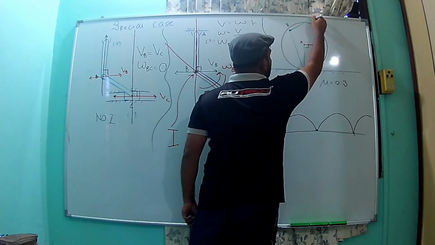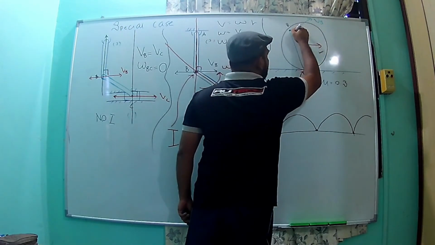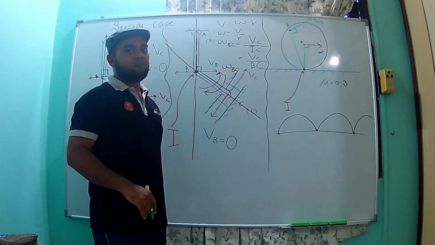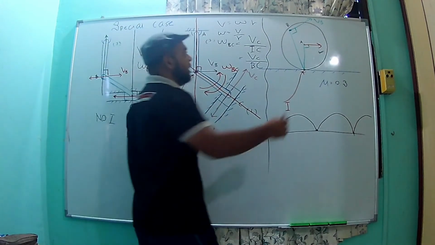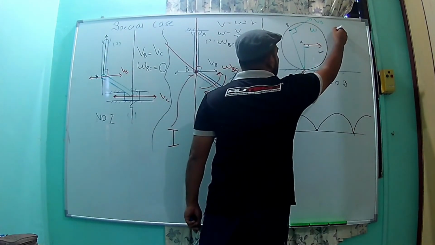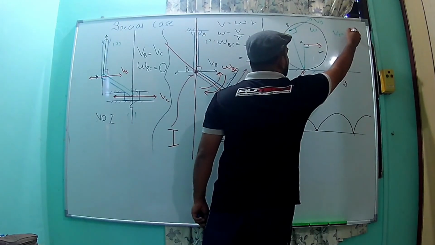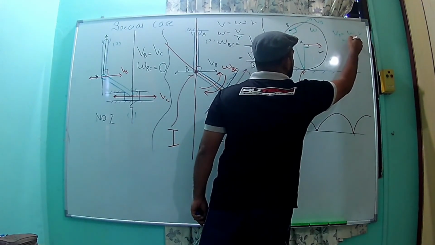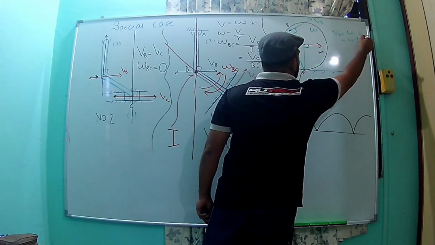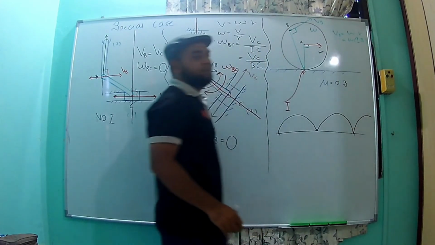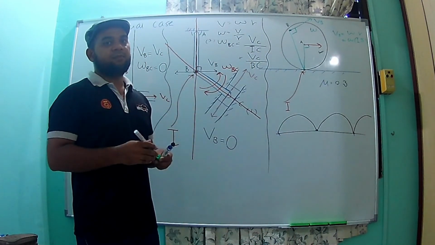So this is your VB and so on. If we have omega, VB equals omega R equals omega IB and so on.